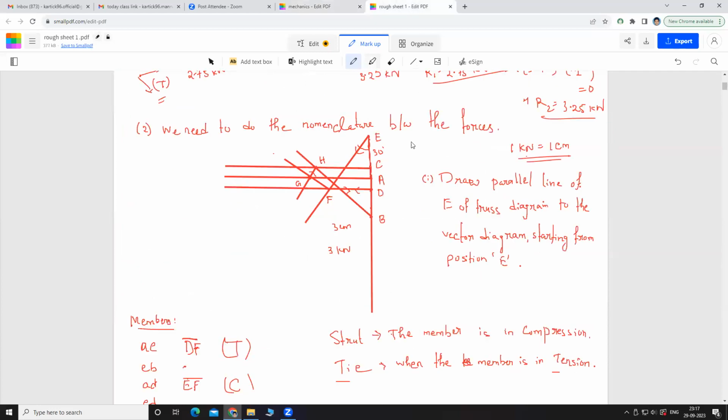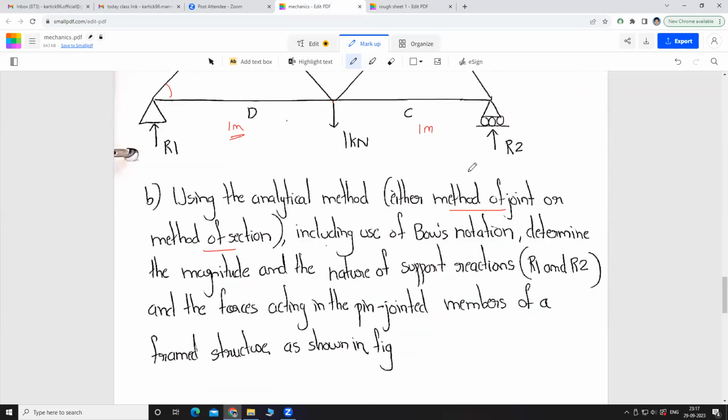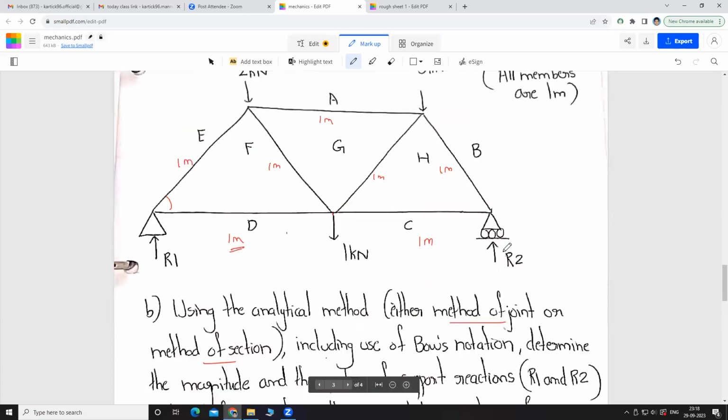What is Bow's notation? Including use of Bow's notation. So Bow's notation is this one actually.